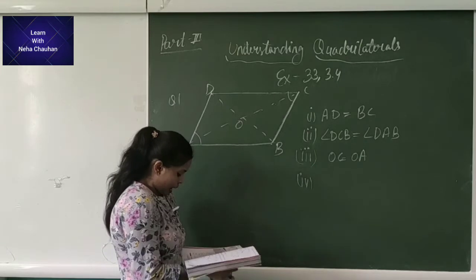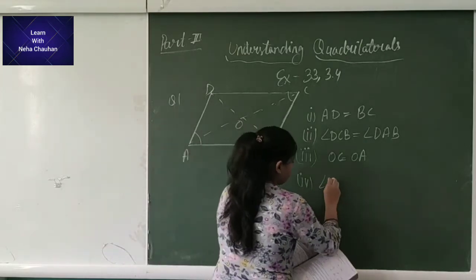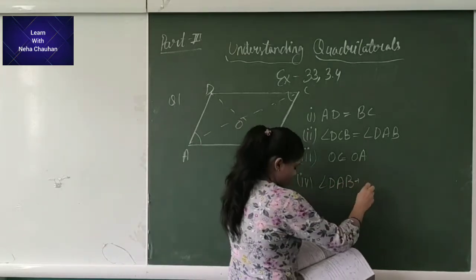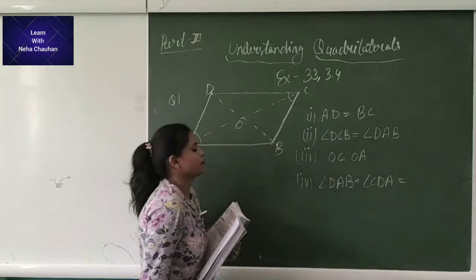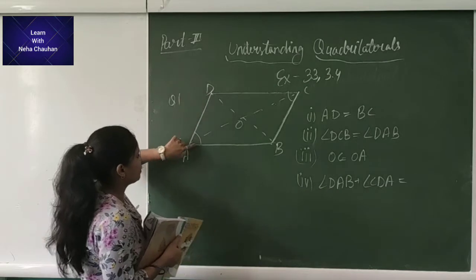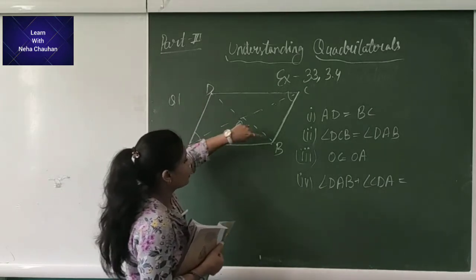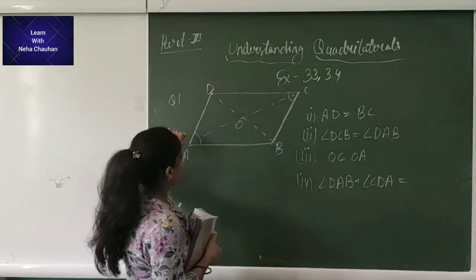It says angle DAB plus angle CDA is equal to what? Angle DAB, that means this angle, plus angle CDA, this angle.